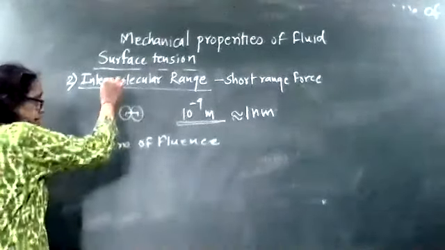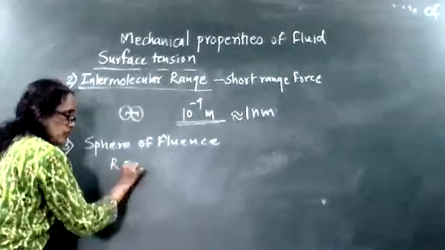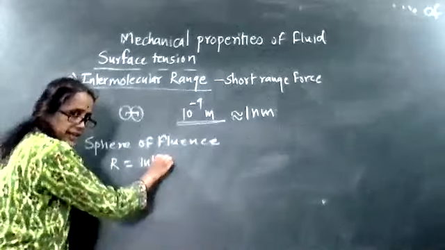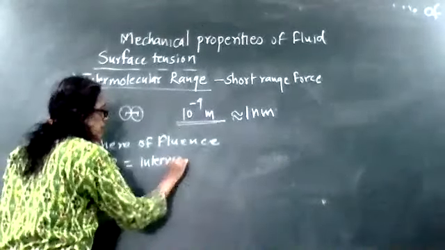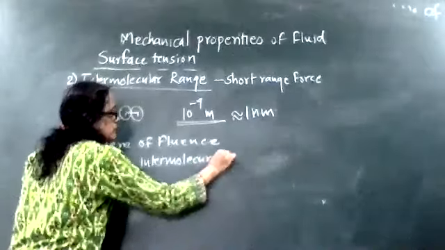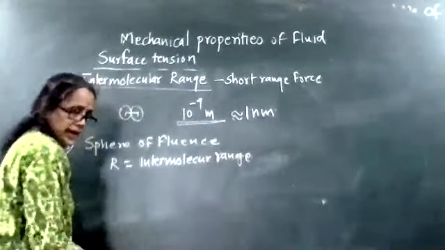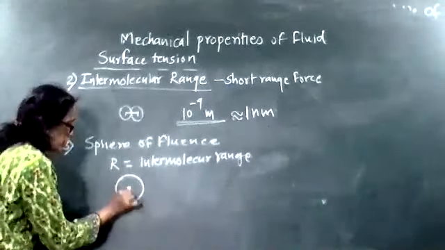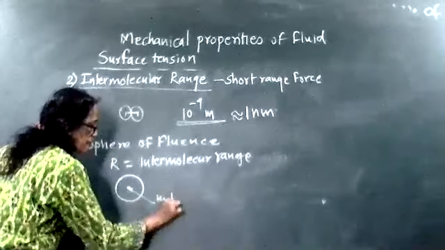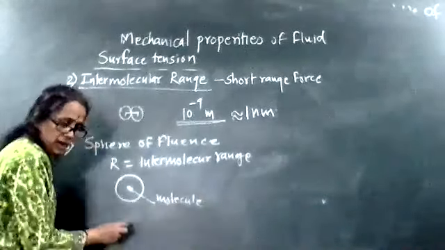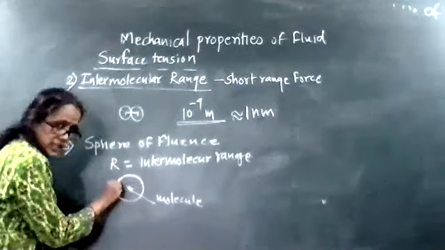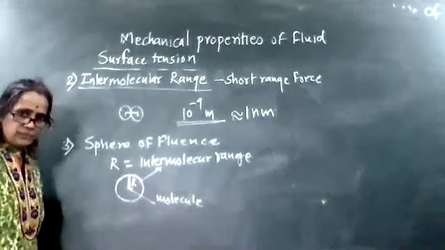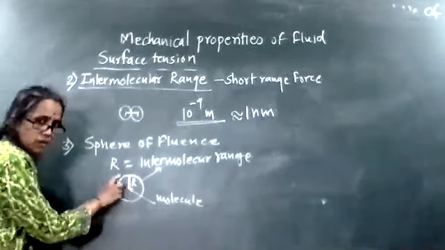If I take a radius which is equivalent to the intermolecular range, a radius of the sphere which is nothing but equivalent to the intermolecular range, and if I draw a sphere around that molecule, here is your molecule, and around that molecule I draw an imaginary sphere whose radius is equivalent to your intermolecular range, then this sphere is to be called a sphere of influence.